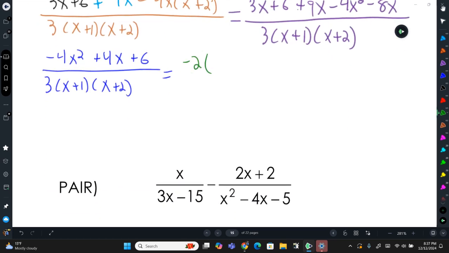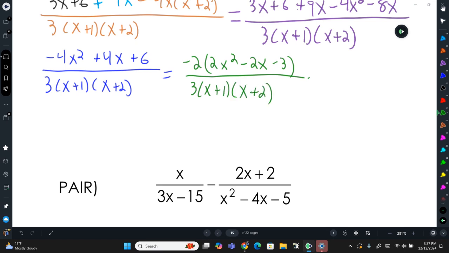So negative 2, and then we have 2x squared minus 2x minus 3 all over 3 times x plus 1 times x plus 2. Now we have to check, can we factor that numerator? It is not factorable, so for the sake of time, I'm letting you know that you can't factor that, but you do want to check these, guess and check and all of that.